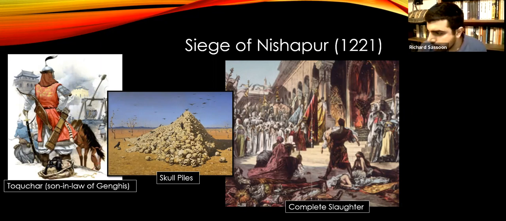So when the city finally fell, Tolui gave permission to his sister, Tokuchar's widow, to organize the slaughter of the city. She made sure that every single person who could not be of service to the Mongols was slaughtered.